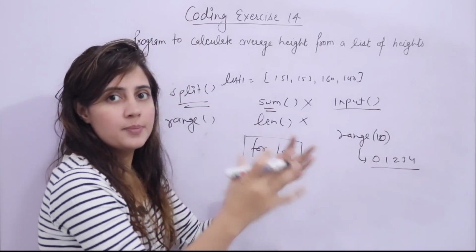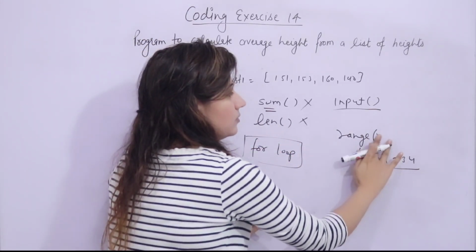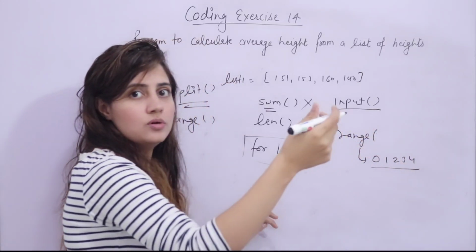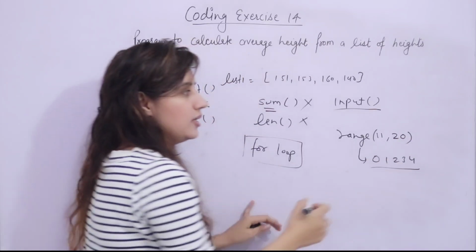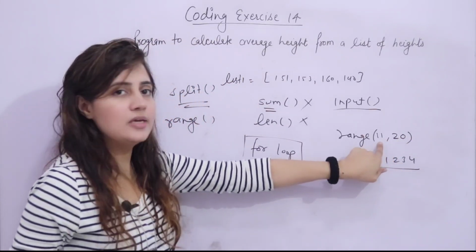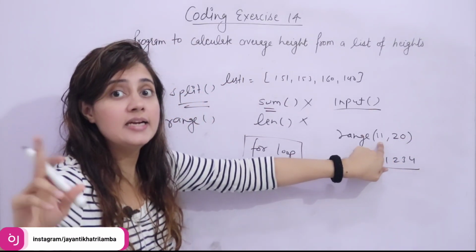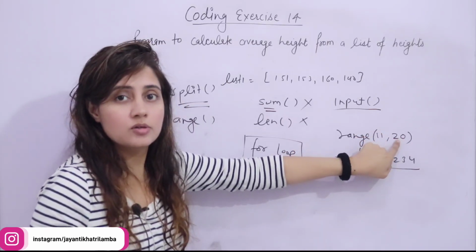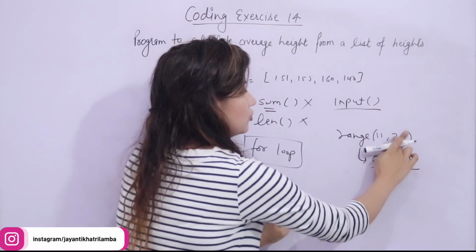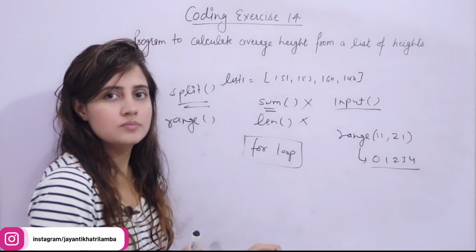If you want to specify a particular range, like I want from 11 to 20, so you can specify 11 to here, not 20, because it will give 11, 12, 13, 14 till 19. This is start, this is stop minus 1. If you want till 20, then you should specify here 21.